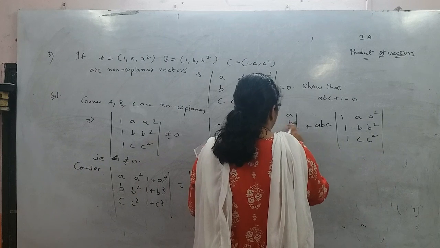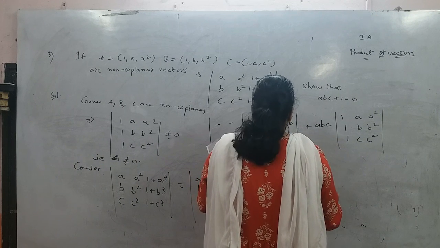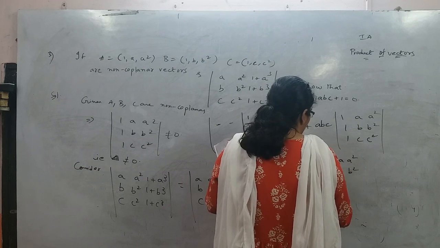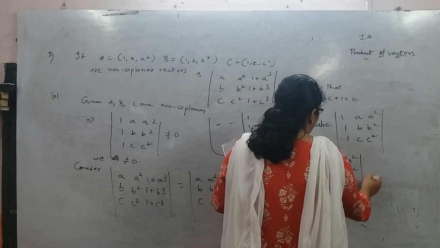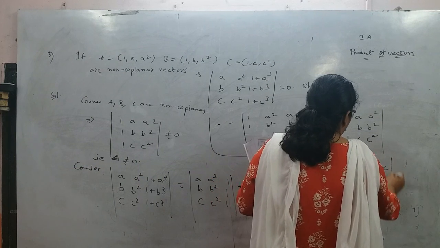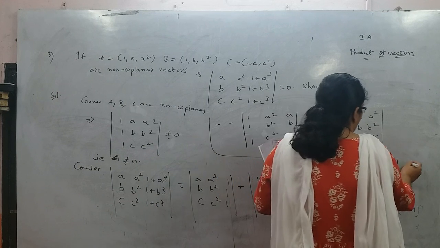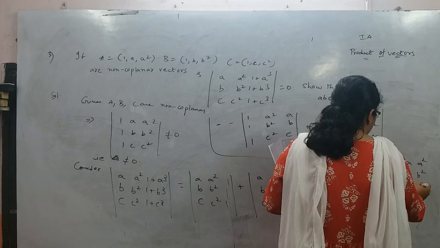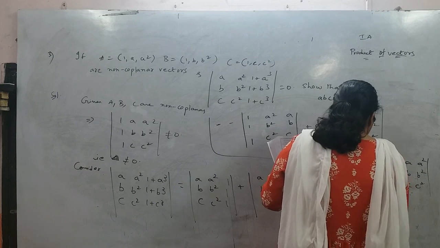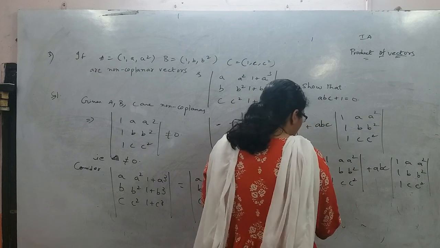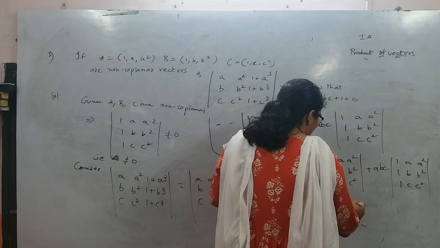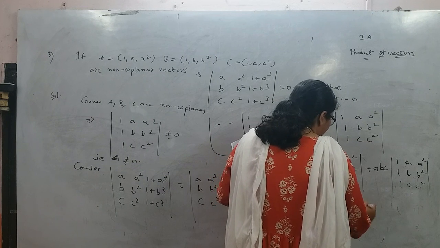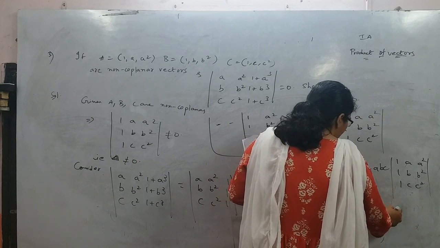Send this here and this here. You have the determinant of 1 a a square, 1 b b square, 1 c c square plus abc into the same determinant. Take the determinant into 1 plus abc.